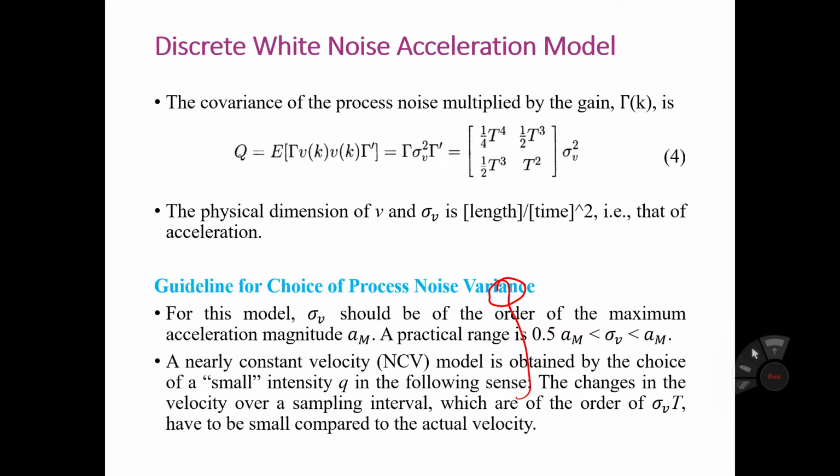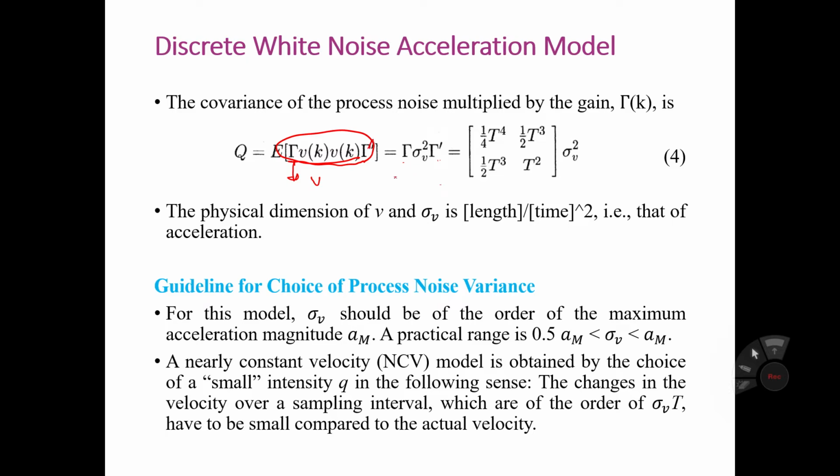Now the covariance of the process noise multiplied by the gain gamma of k is given by taking the expected value of the process noise and the noise gain. If we put the value of gamma here, we can see this is v of k and its transpose.